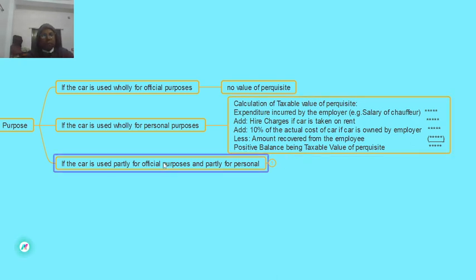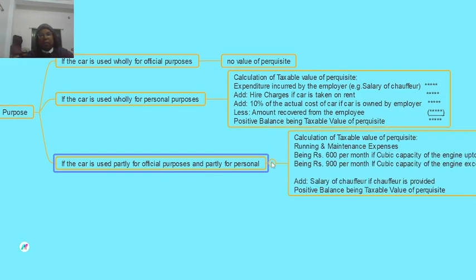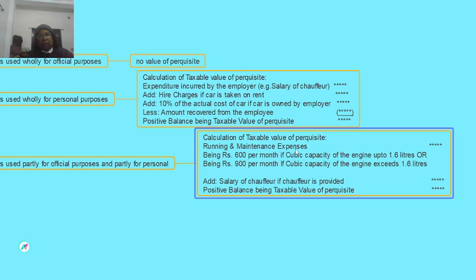And if the car is used partly for official purposes and partly for personal purposes, then in that case the calculation of the taxable value of perquisite is like this. Running and maintenance expenses will be rupees 600 per month if the cubic capacity of the engine is up to 1.6 liter, or rupees 900 per month if the cubic capacity of the engine exceeds 1.6 liter.